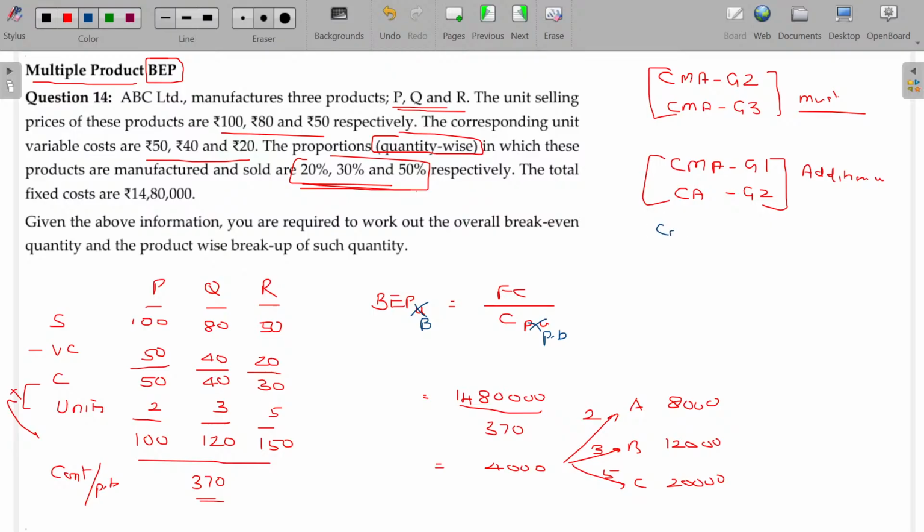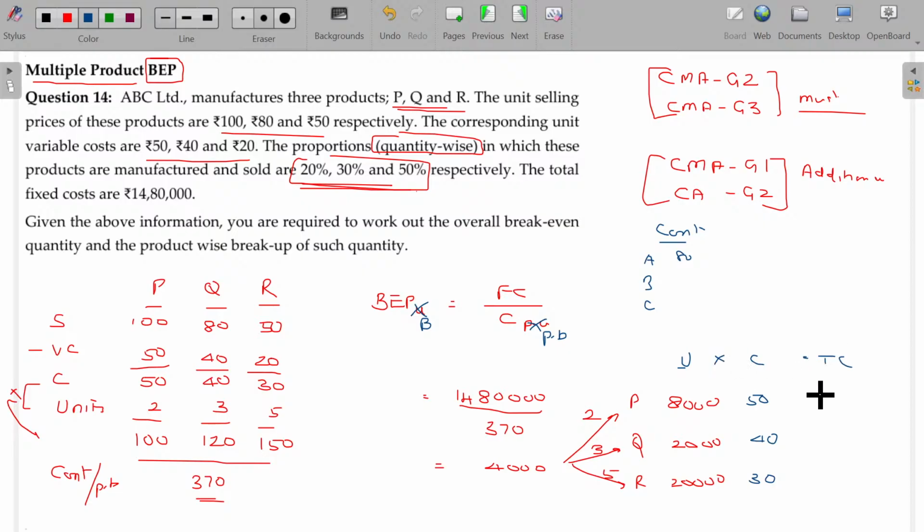What is the contribution you are getting? P, Q, R. 8,000 units are sold. Contribution being 50 rupees per P, 40 rupees for Q, and 30 rupees for R. Come on, get me the total contribution. Number of units sold into contribution per unit.